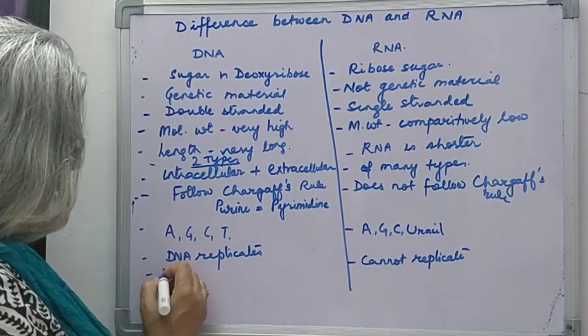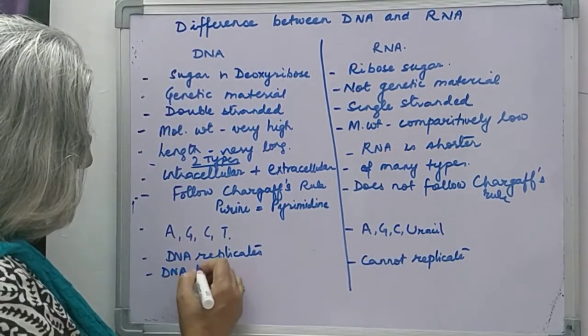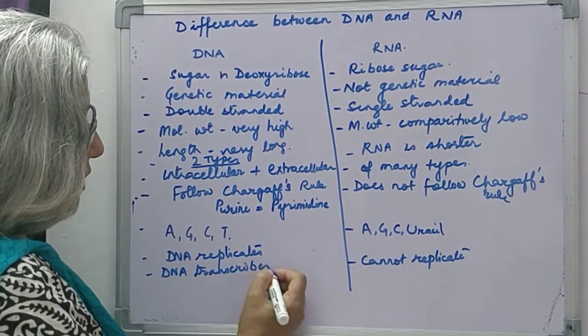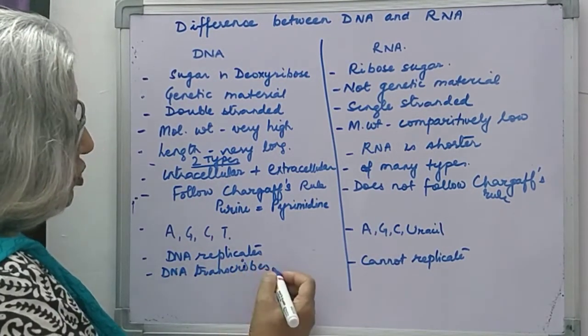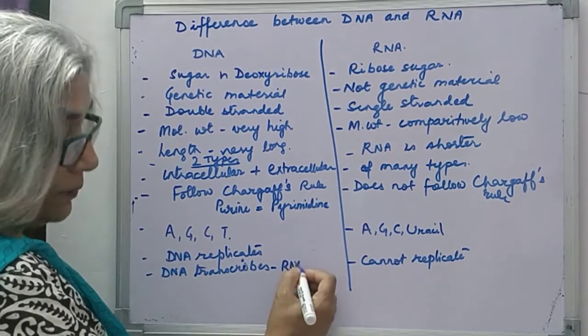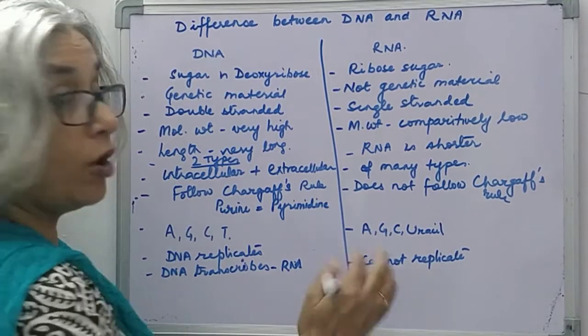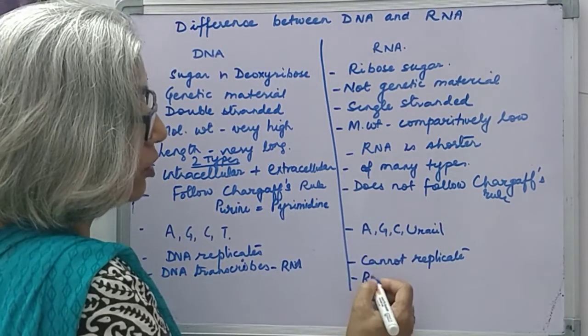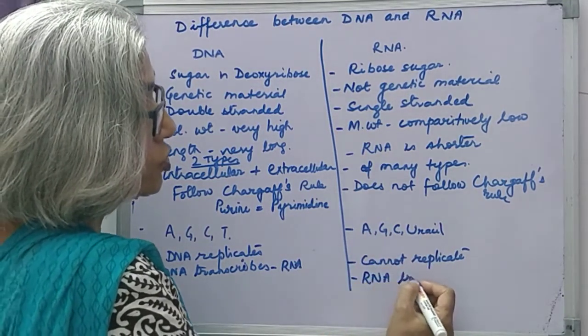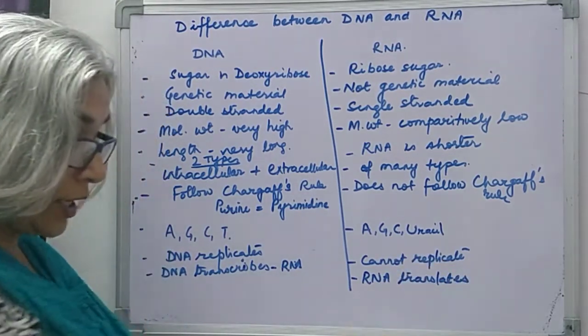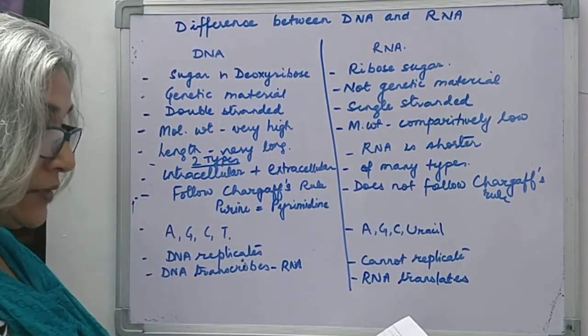Then DNA transcribes. I told you formation of RNA from DNA is transcription. Whereas from RNA protein is formed and the process is called translation. So RNA translates. It does not transcribe, it translates.